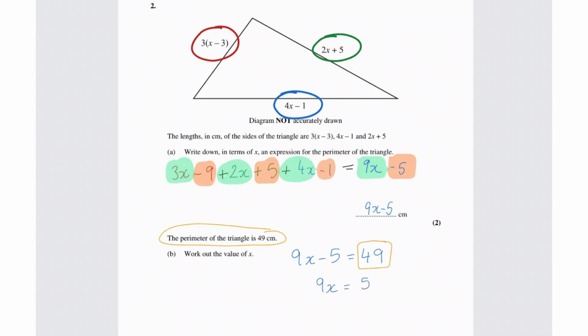So we have to add 5 to the right. And then to find what 1x is, we're going to divide that 54 by 9, which is 6. So x equals 6. We can go back and check that that works by substituting it into the 3 sides and seeing if we get 3 lengths that add up to make 49. I would always recommend doing that just to double check you've done it right.